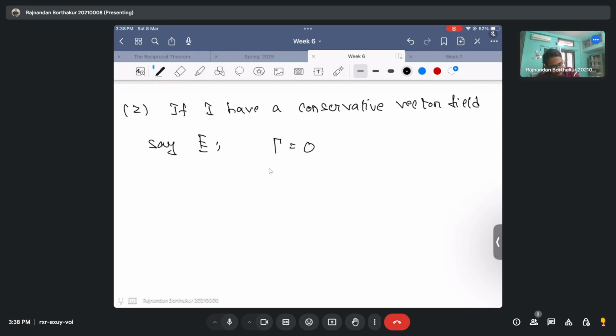That is something that you must realize. If my vector field is conservative, it means that my circulation is always zero.